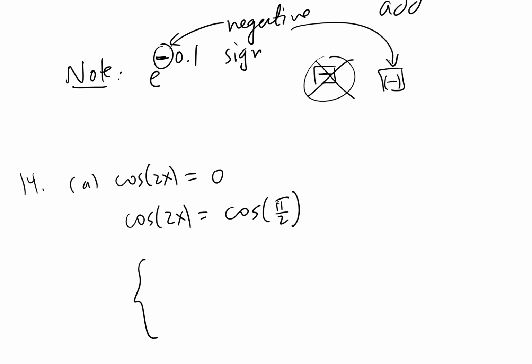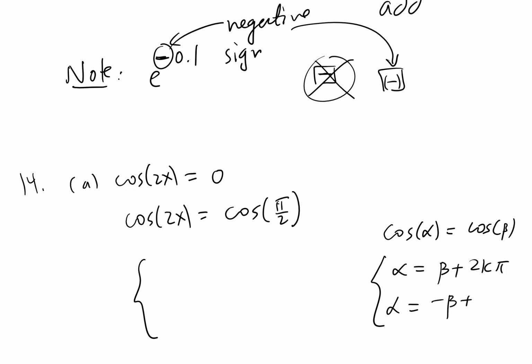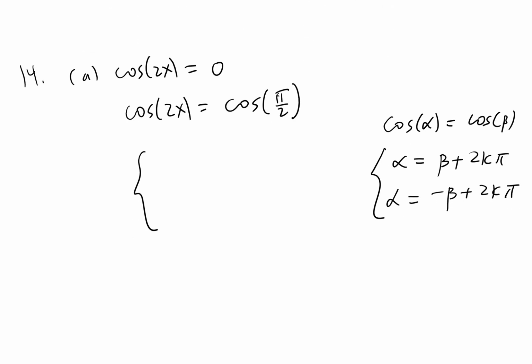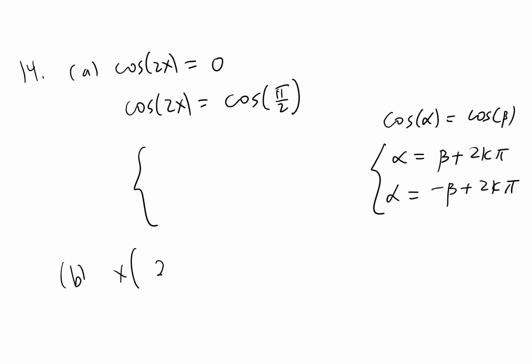Then you use the formula from the lecture: if cosine alpha equals cosine beta, then alpha equals beta plus 2k pi, k is an integer, or alpha is negative beta plus 2k pi, k is an integer. Then you start plugging values for k, because it says only 0 to pi. For part B, you have to factor x out. That leaves 2 ln of x plus 1 equals 0. So x is 0, and I did solve it in office hours.